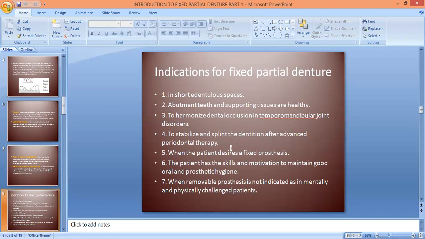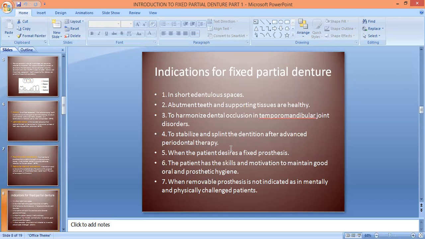What are the indications? FPD can be given in a short edentulous space as well as in a long edentulous space. The abutment teeth and the supporting tissues should be healthy.